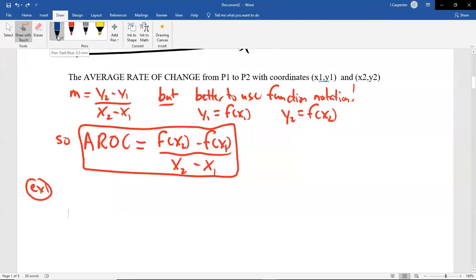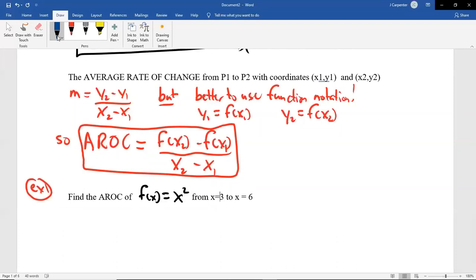So we're going to, for this example, find the average rate of change of the function f of x equals x squared from x equals 3 to x equals 6.